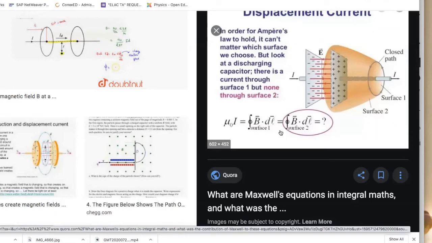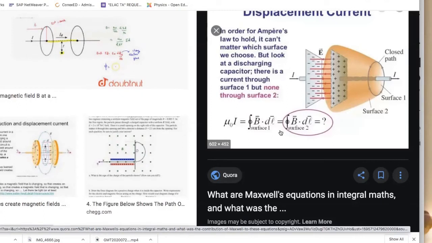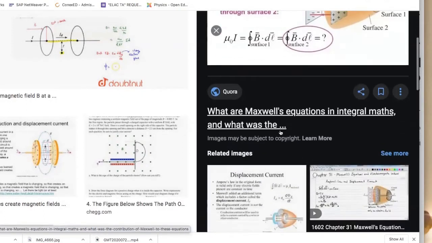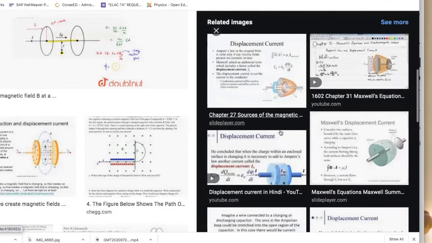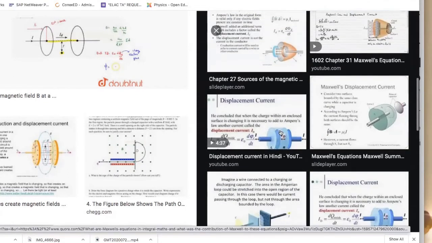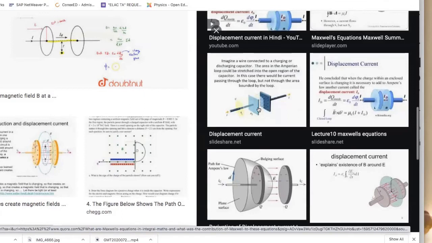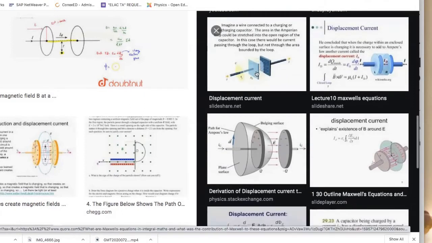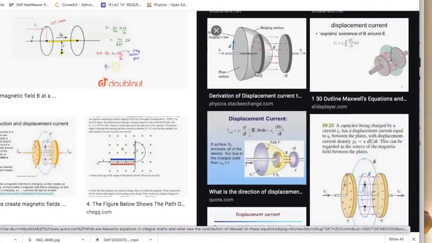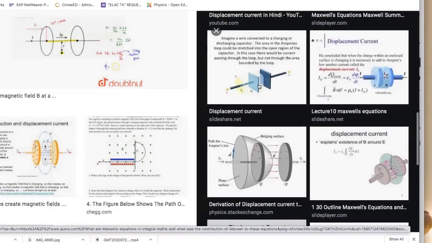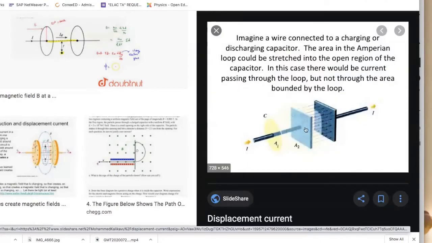This is parallel, square plates right here. So it doesn't matter the shape of the plate. You see here, same idea.